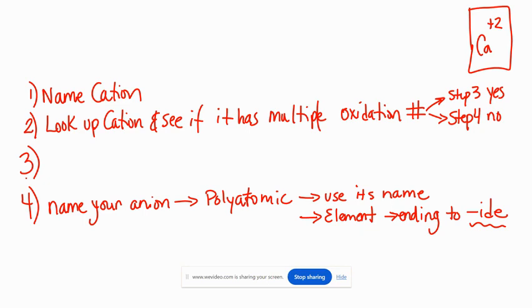All right, C, CaOH2. This is calcium what? Hydroxide. Hydroxide, good.